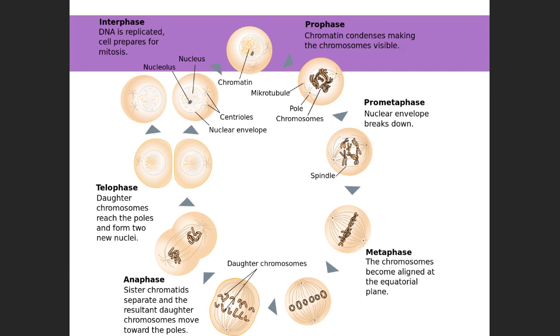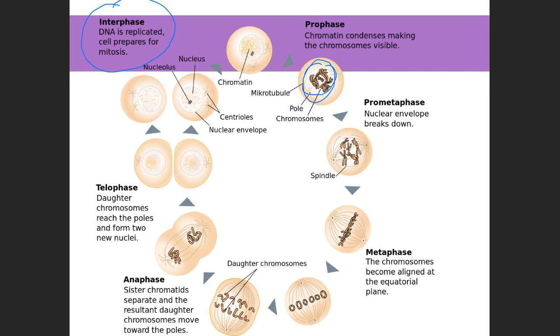Okay, so let's look. Here we're at interphase, the top left here. The cell's getting ready, okay? And then we're moving clockwise around here. Prophase, the chromatin is condensing. Now you can see the DNA here, right? When it's all unfurled, it's so tiny, but you can actually see condensed DNA in our microscopes.